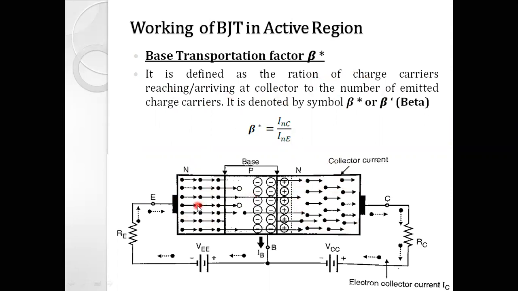For example, 100 majority carriers are injected by the emitter from the emitter region into the base region. Out of 100 carriers, 5 carriers recombine with the holes inside the base region for a short period of time, and the rest 95 carriers cross the base collector region and reach the collector region.